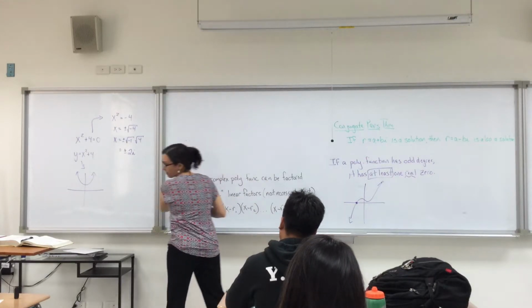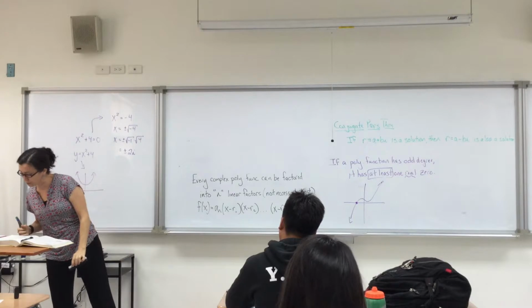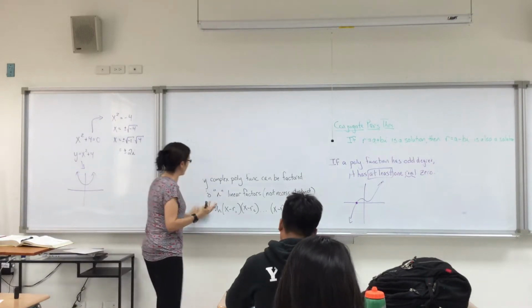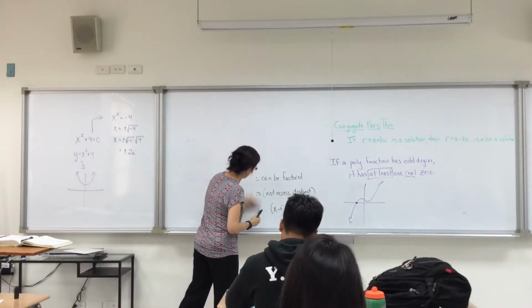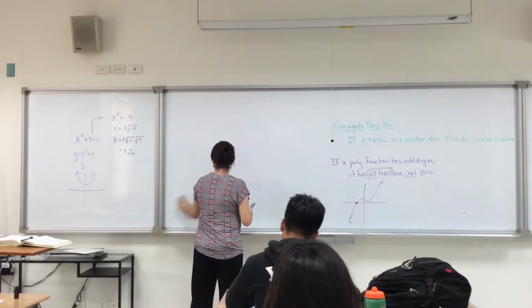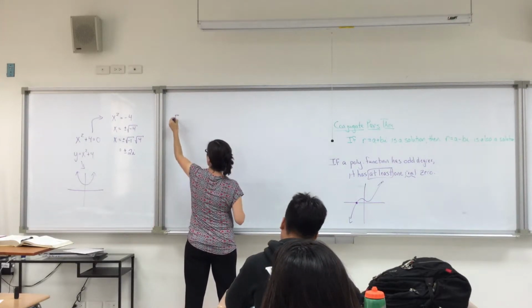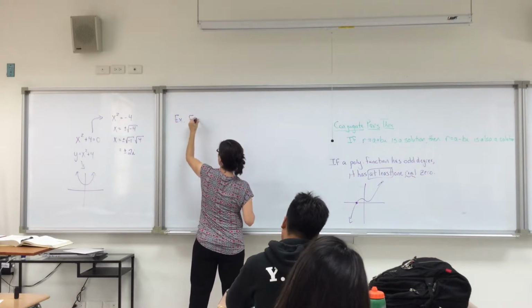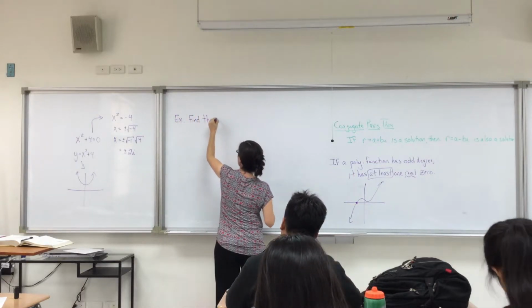I think I have 4 types of examples I'm going to give you. So this is type 1, and the instructions are find the remaining zeros.